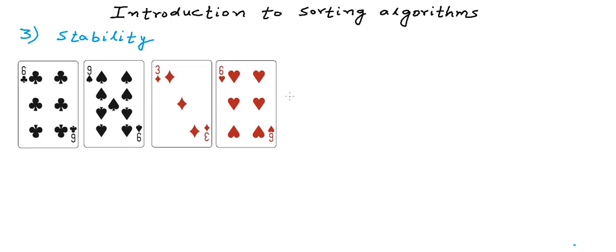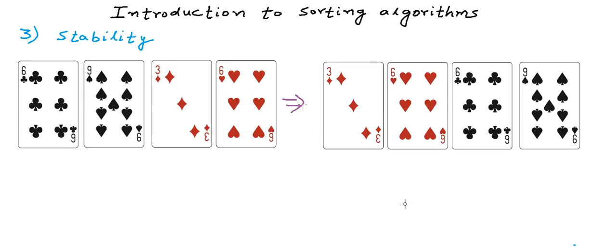One possible permutation will be this. The cards are sorted by rank. We have got 3 6 6 9, but if you see in the original list, 6 of club was coming earlier than 6 of heart, but when we have this permutation, which is a sorted arrangement, 6 of heart has come before 6 of club.